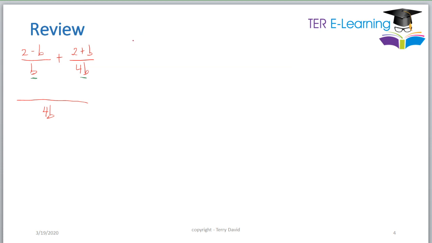Now, just like I've done in class, we're going to say 4b divided by b, and we're going to get 4, right? Now we take this number and multiply by the top part here, which is 2 minus b. So what we're going to put here is 4 multiplied by (2 minus b), all right?